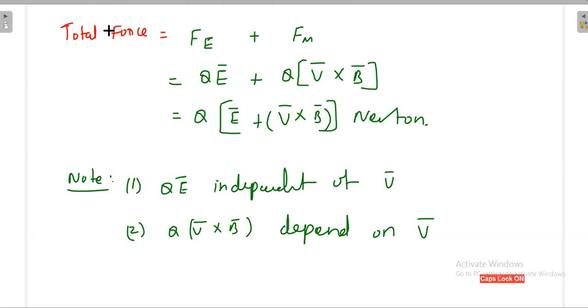So next we will see what is the force on a current element. Suppose I'm having some conductor. If the current is flowing in that conductor, and I'm having some external magnetic field, what is the force on that conductor carrying the current? Force on current element.